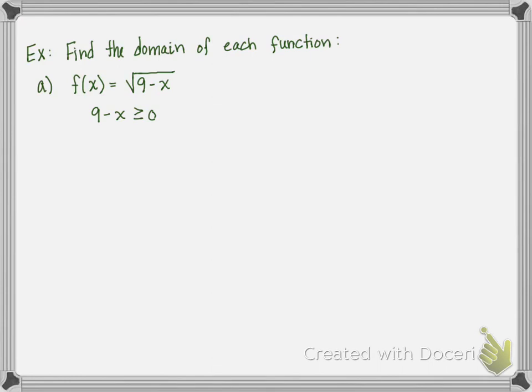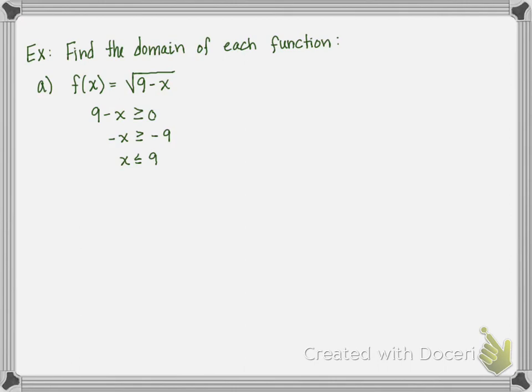And then to solve that, we would subtract 9 from both sides. And then I have to divide both sides by -1, which would switch the direction of my inequality symbol. So people sometimes ask, how do you know which direction it faces? When you set it up, it always faces the same way.